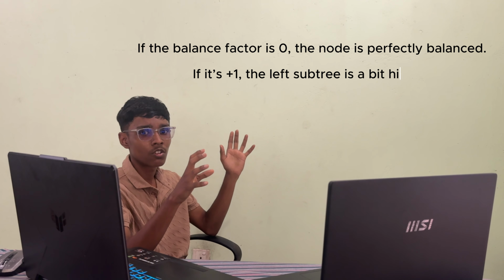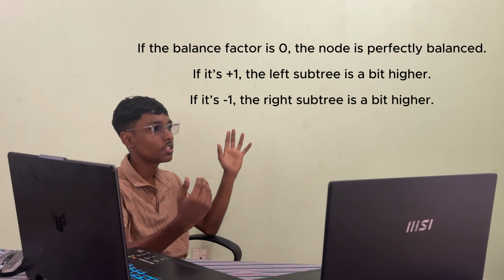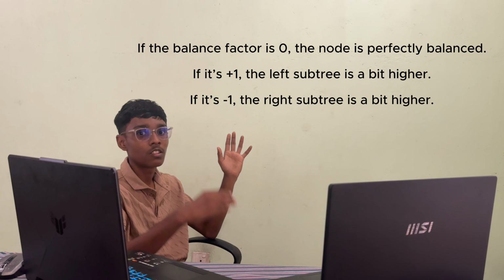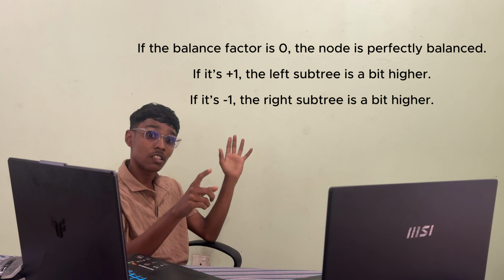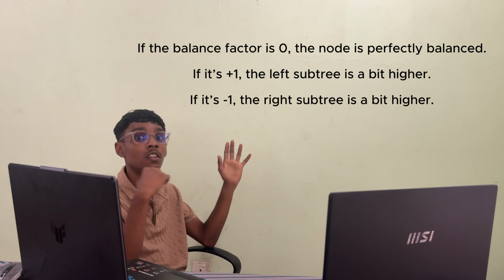Now remember this: if the balance factor is 0, the tree is perfectly balanced. If it is plus 1, the left subtree is a bit higher. If it is minus 1, the right subtree is a bit higher.